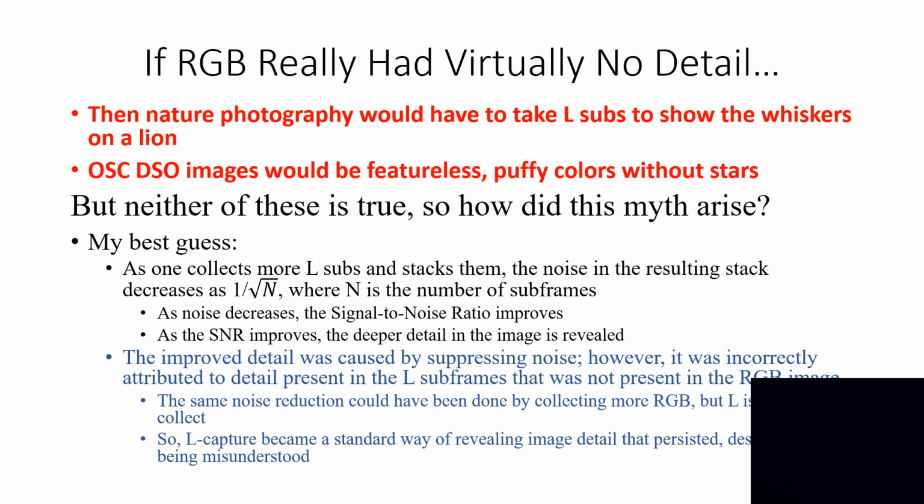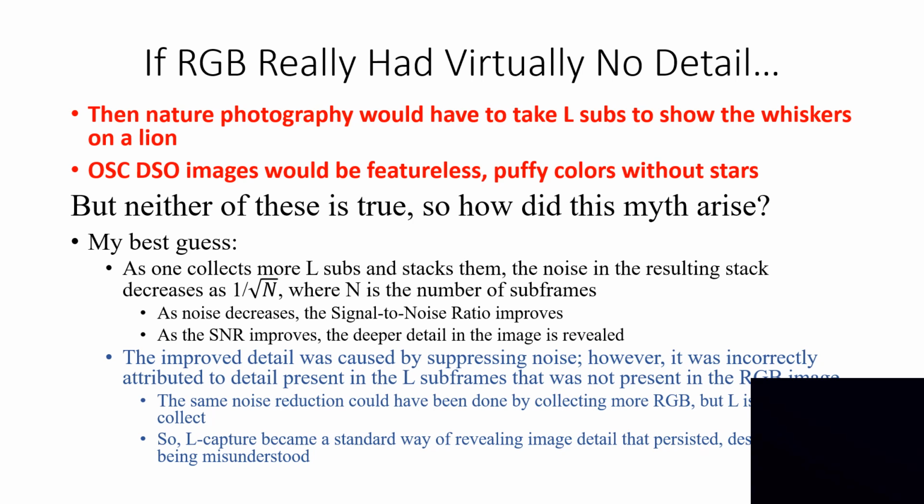And that's why we get the detail by adding the L to the RGB. The L suppresses the luminance noise in the RGB image. However, it was incorrectly concluded at some point that the L wasn't suppressing noise, but was actually carrying the detail.